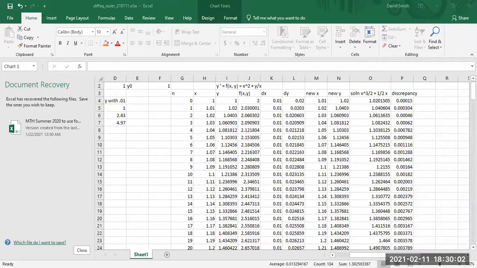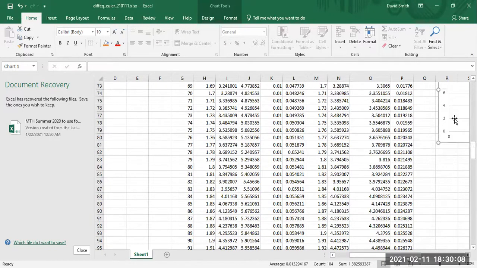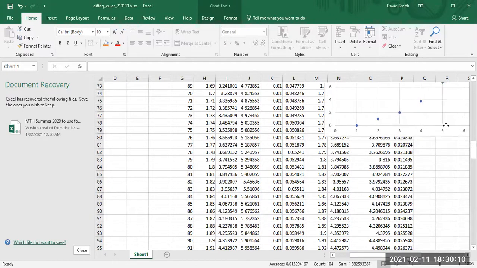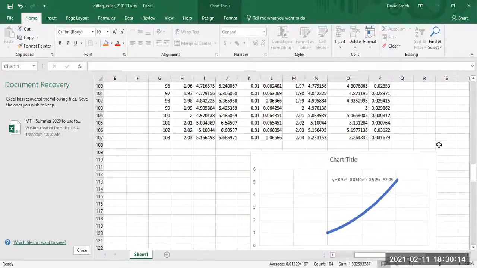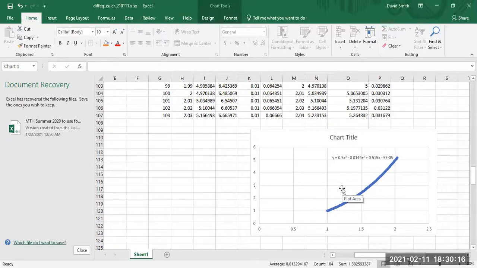Okay, so what I have over here is, in the first place, the graph. I don't know if you're going to be able to read this because I don't know what resolution you're going to get. I think this is the graph, but let's see. Nope, that's not it. There it is. Okay, so here's the graph.